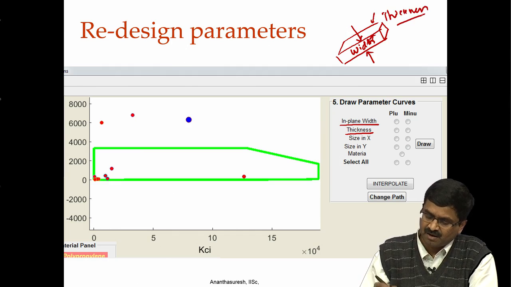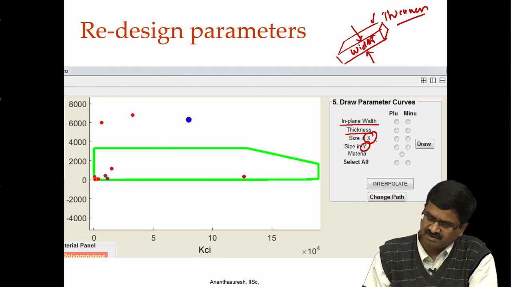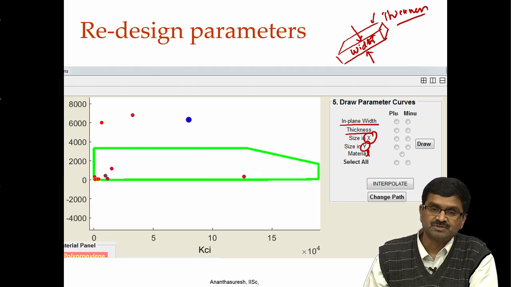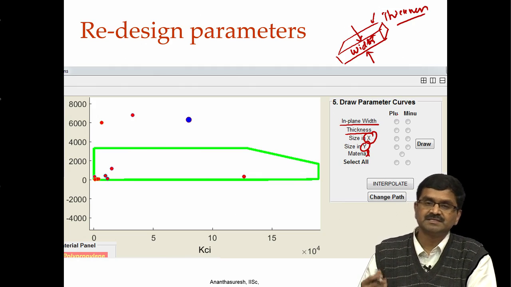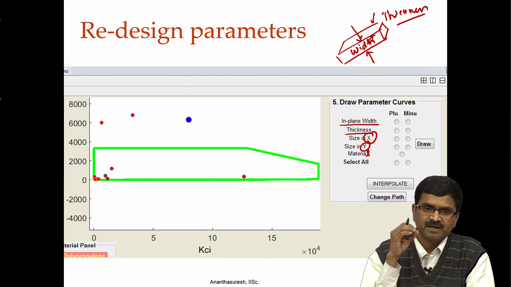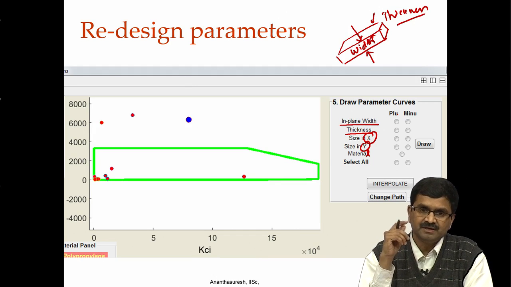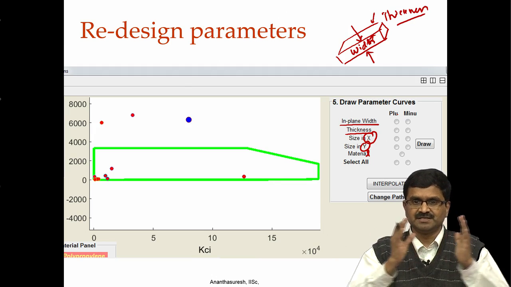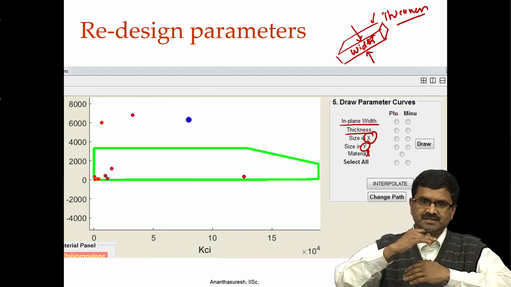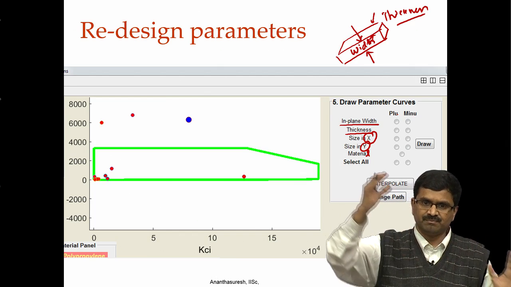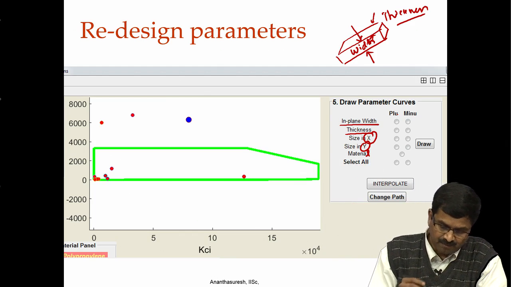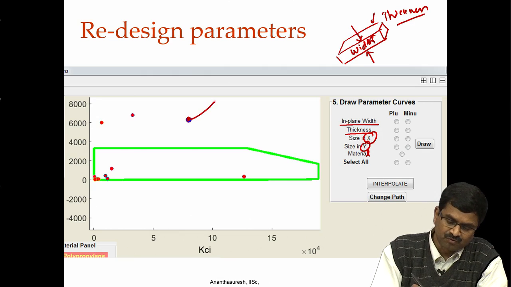Or the size in x, size in y, or material, or all of them can be chosen, and then see how that changes the KCI, KCO. That is, if you have a compliant mechanism and you change the width or thickness or material, or the size can be changed in the x direction or in the y direction or in x and y together. When you do those things, a point that is outside right now will move.